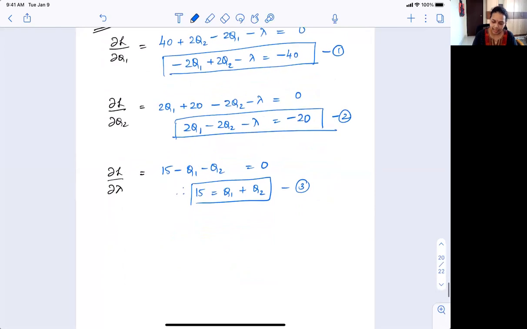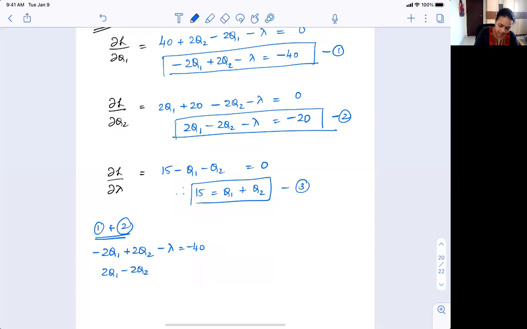Now, if I just add up 1 and 2, I can find out what lambda is, because Q1 and Q2 will just get cancelled out. So 1 plus 2: you have minus 2Q1 plus 2Q2 minus lambda is minus 40, then you have 2Q1 minus 2Q2 minus lambda is minus 20.